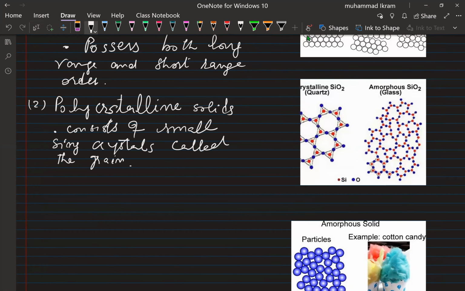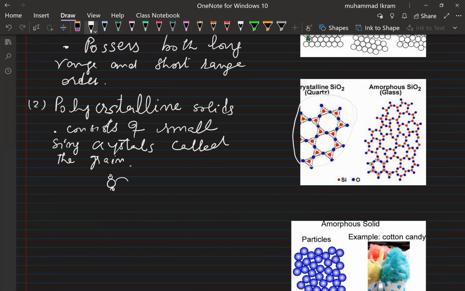This is the best example of the polycrystalline, as you see here. So they consist of small crystals. We call them the grains.